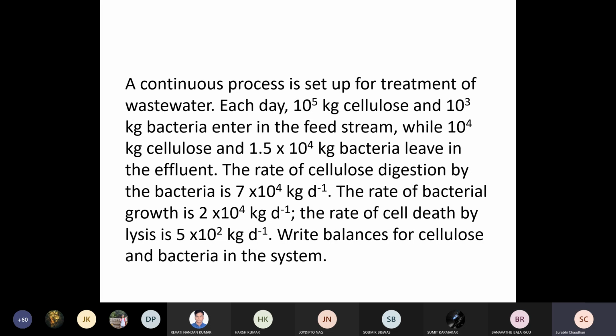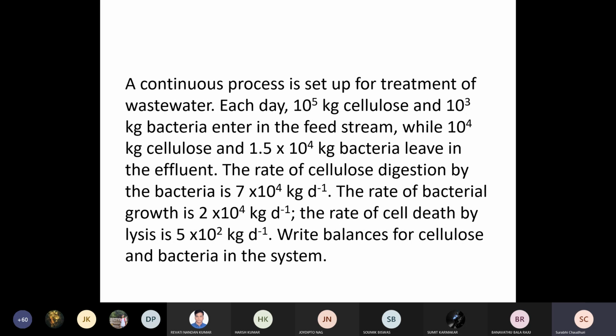Here the example is that each day 10 to the power 5 kg cellulose and 10 to the power 3 kg bacteria enter the feed stream, and 10 to the power 4 kg cellulose leaves.